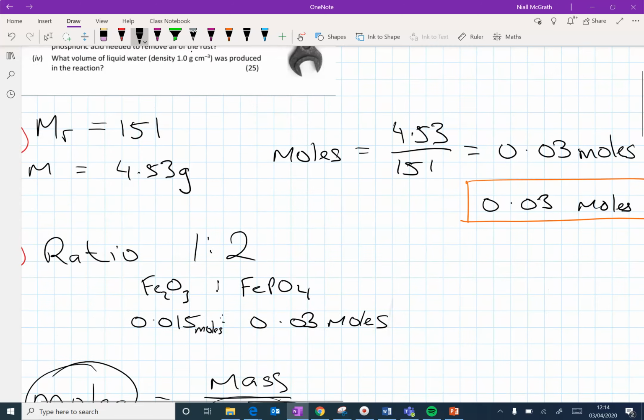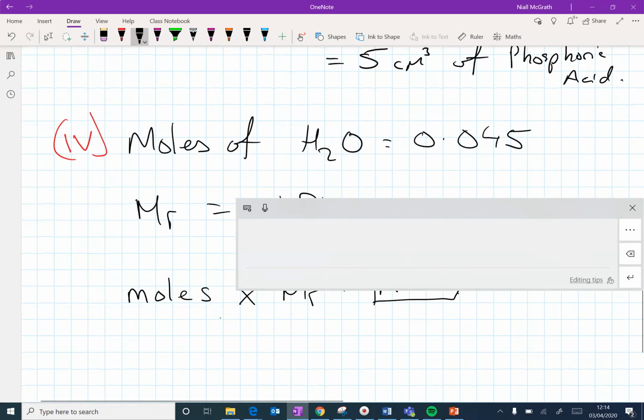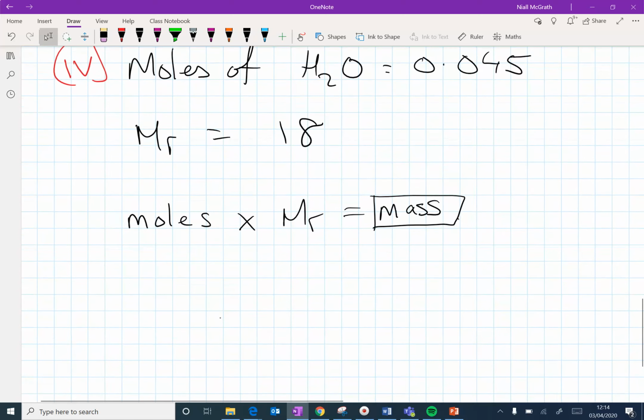If we multiply by our density, that will give us the volume, and because our density is grams per centimetre cubed, it'll give us our volume in centimetres cubed.